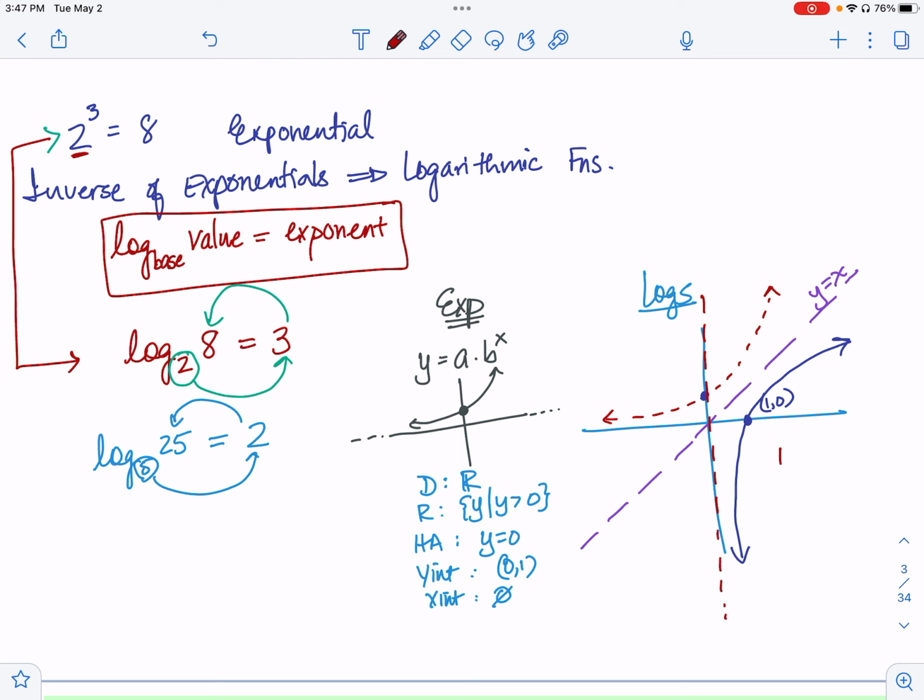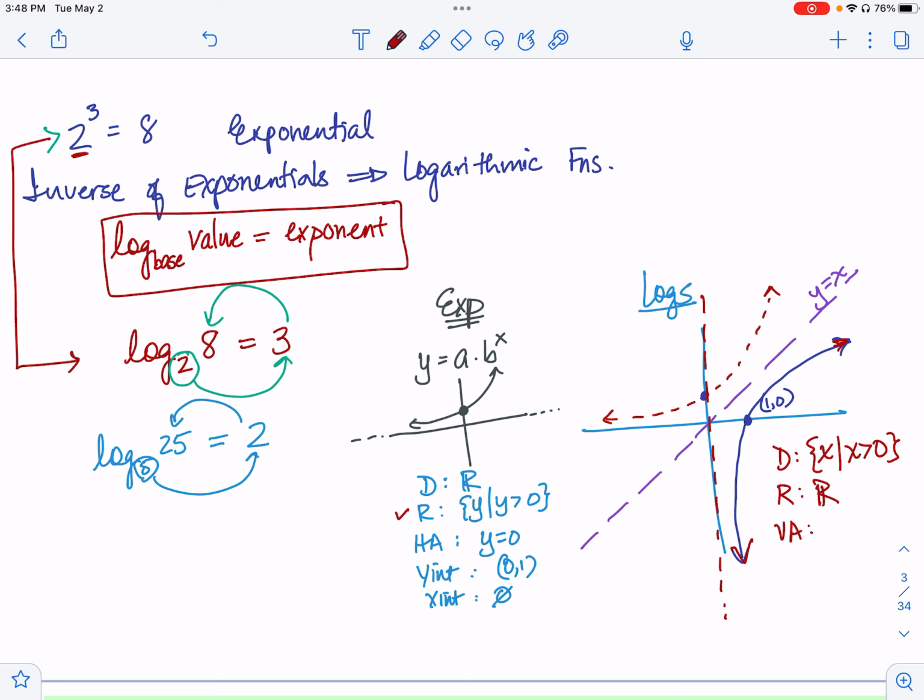So the range for the exponential would be the domain of the log function. The domain here would be x, where x is greater than 0, 0 not inclusive. The range, if you notice, goes all the way to negative infinity and keeps increasing on the other side, so that would be all real numbers.